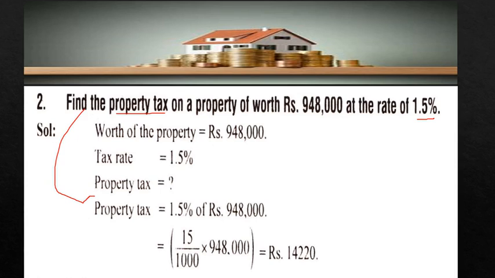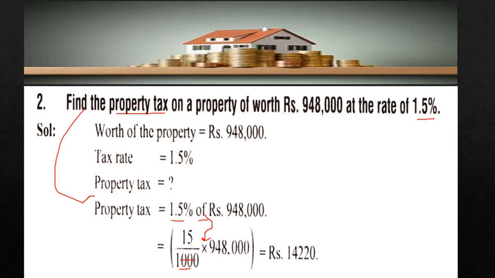We are going to find property tax, which is equal to 1.5% of 9,48,000. Percent we convert into a denominator of 100, and because of this point, one more zero. Of we will write as multiplication, and we apply the values.